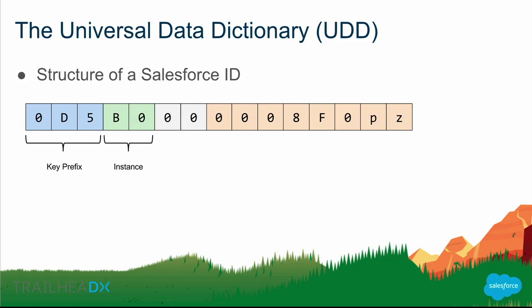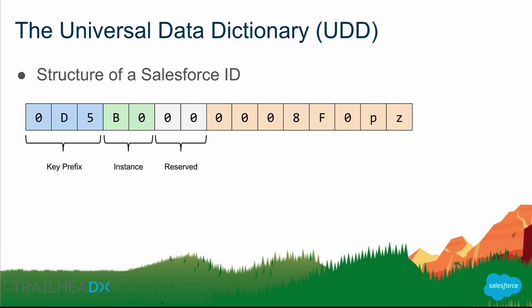The reason is for uniqueness, right? If this weren't there, there would always be a possibility of ID collisions of IDs created on one instance versus IDs created on another instance, and we'd never be able to move those two organizations to sit on the same instance. So this is just a thing that makes sure that no two records are ever created with the same ID. So that's very important.